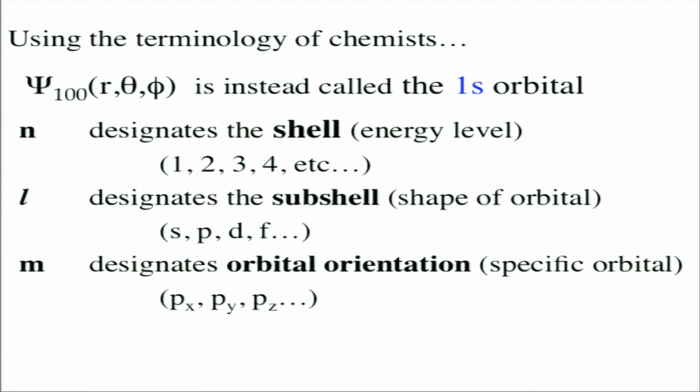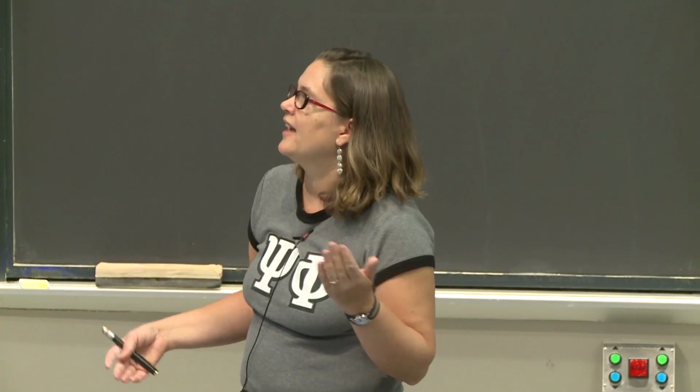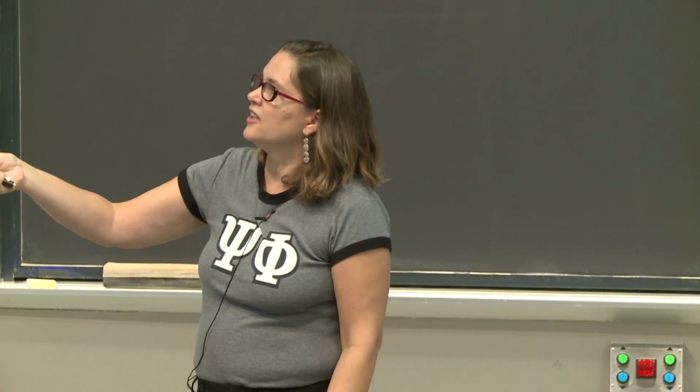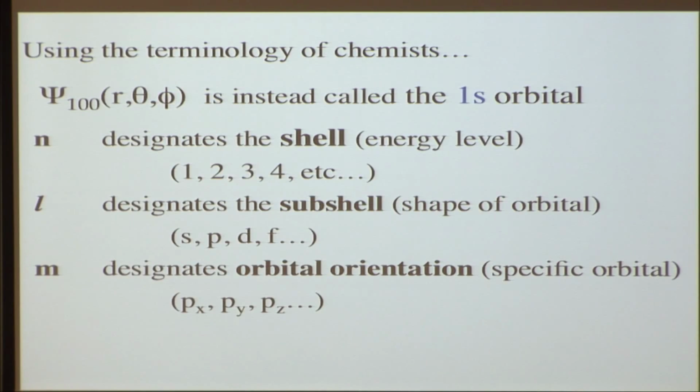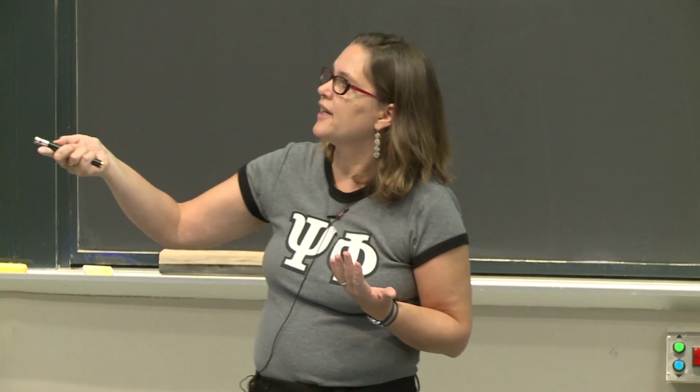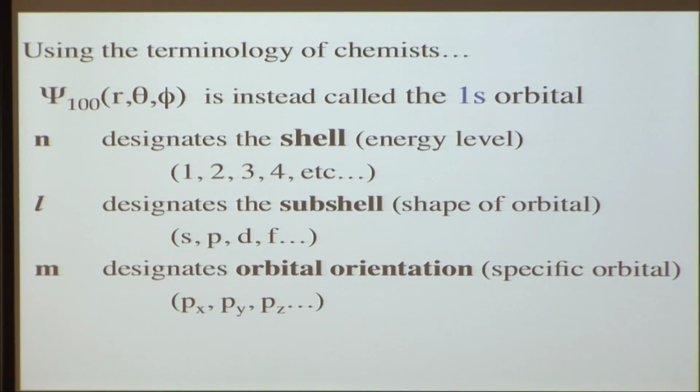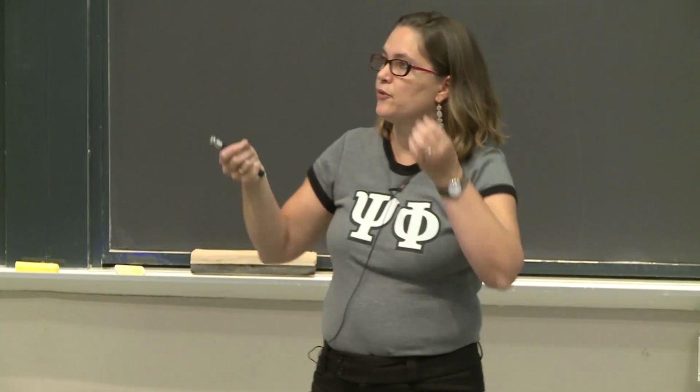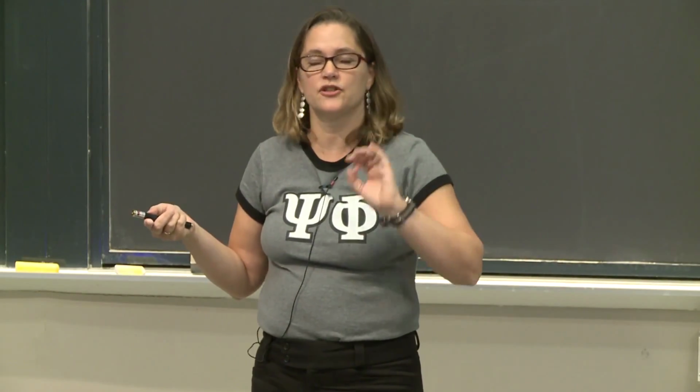So for s, there's only s. It doesn't have any other designation, as we'll talk more about later. But for p, we start having suborbitals. And there's a difference in terms of the orientation of this. So we have px, py, pz. So that's what m tells us about. So if we have all three of these numbers, we get down to the specific orbital.